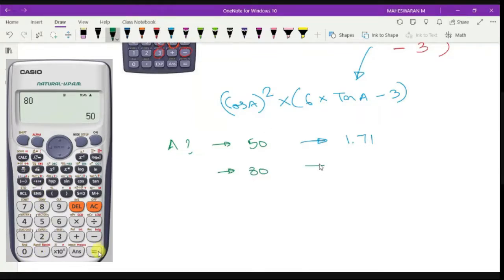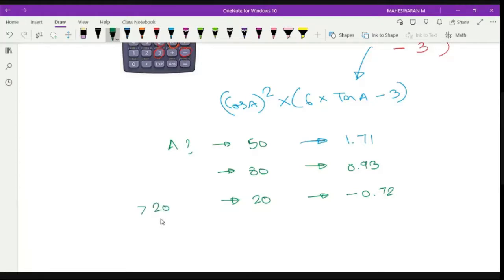The value is 0.935, so it is reducing. When I increase my angle, the value is reducing, but we need a higher value. Let me put 20. You get minus 0.72, which is very much less. So the angle should be greater than 20 and less than 80, approximately in between 20 and 80.